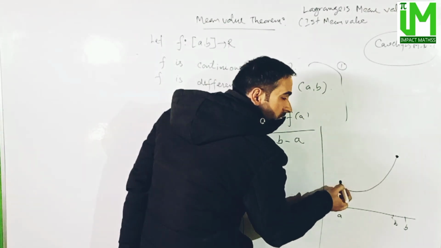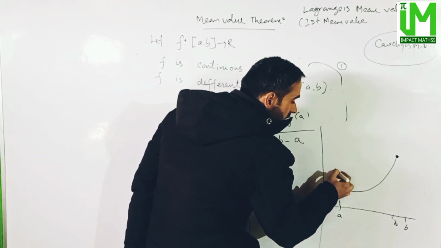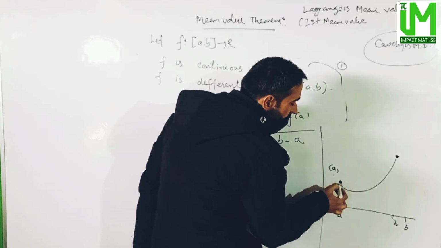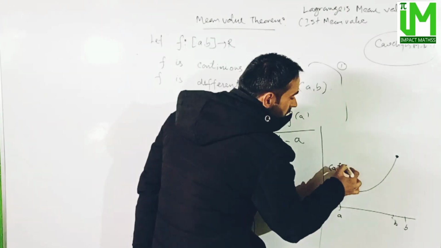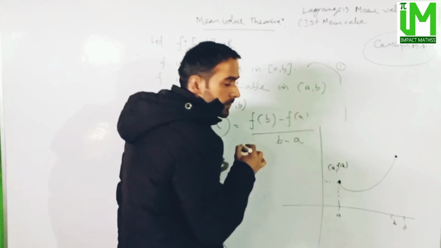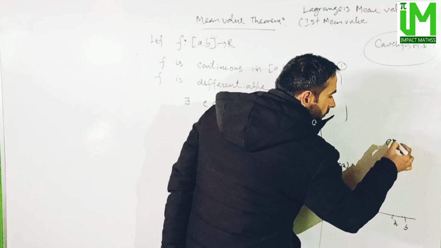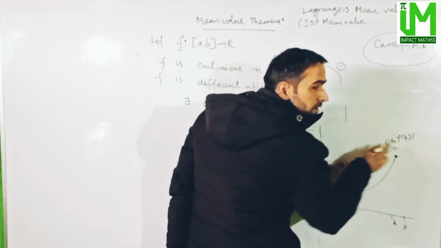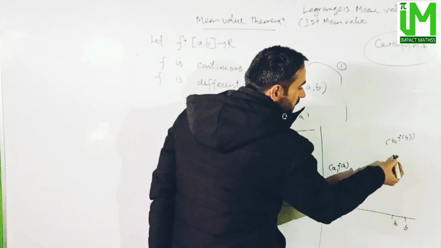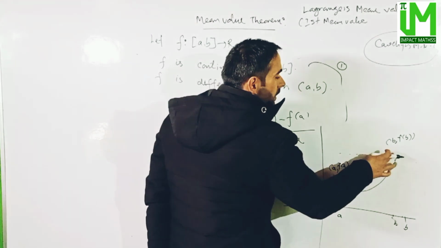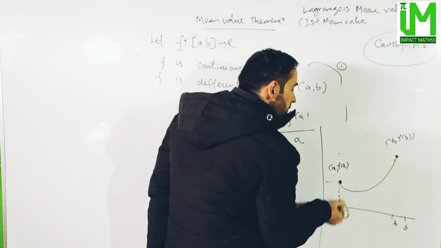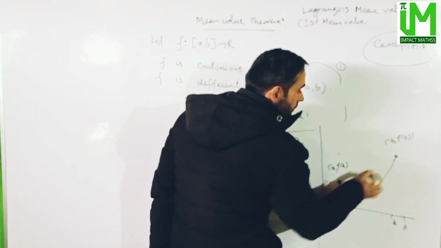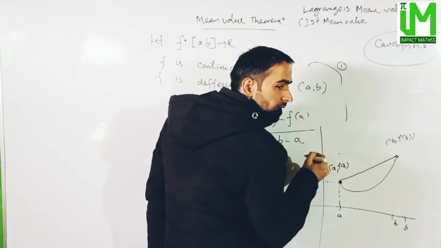The x value is a and the y coordinate is f of a, so it will be (a, f(a)). For this point, the x value is b and the y coordinate is f of b, so it will be (b, f(b)). Now suppose we join these two points by means of a line. Say this is the line.